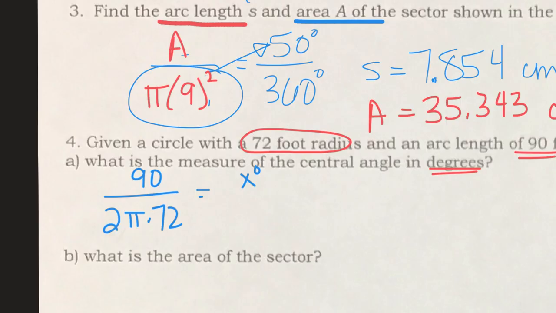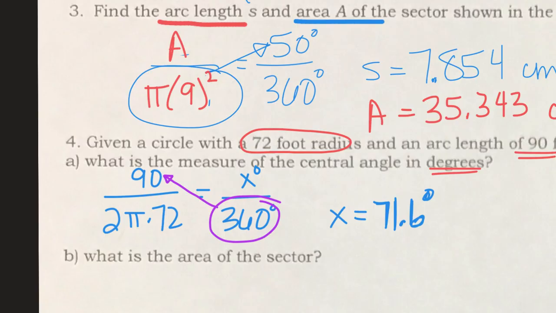So x is your variable. The angle is our variable in this case. So that's what we're trying to find is x. How many degrees does this have if we have a 90-foot arc length and a 72-foot radius? So the angle is 71.6 degrees.